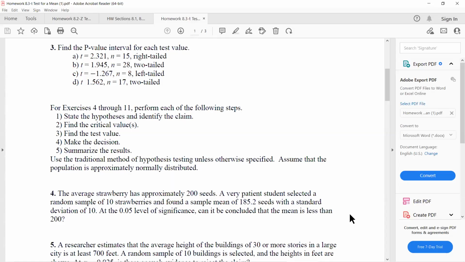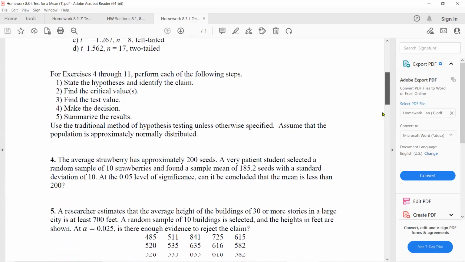Okay. Now, if it's a negative and it's to the left, oh, there's two values for this one? No, no. P-values, there's only ever one of them. We just multiplied it by 2 because it was 2 tails. You're thinking about critical values.